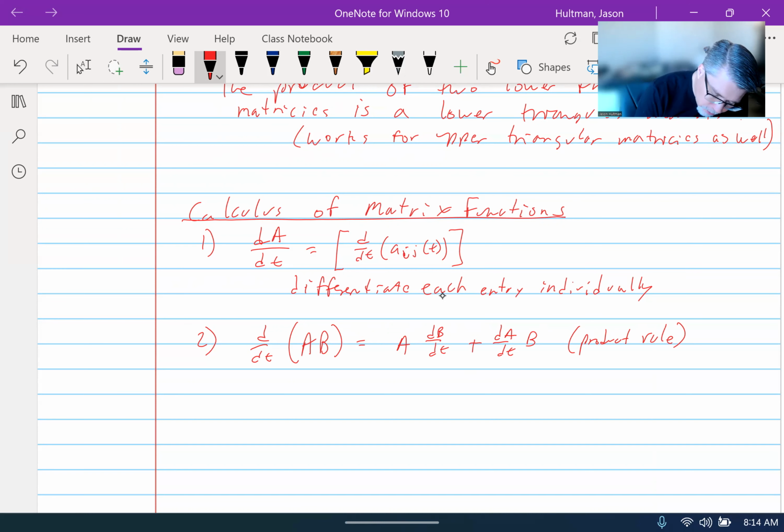And if we want to integrate a matrix, the integral from a to b of A(t), we just integrate each of the entries: the integral from a to b of each individual entry a_ij(t) dt.